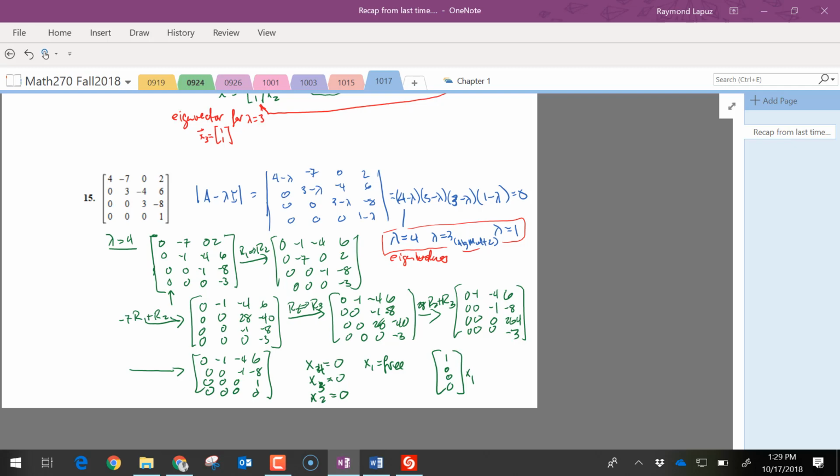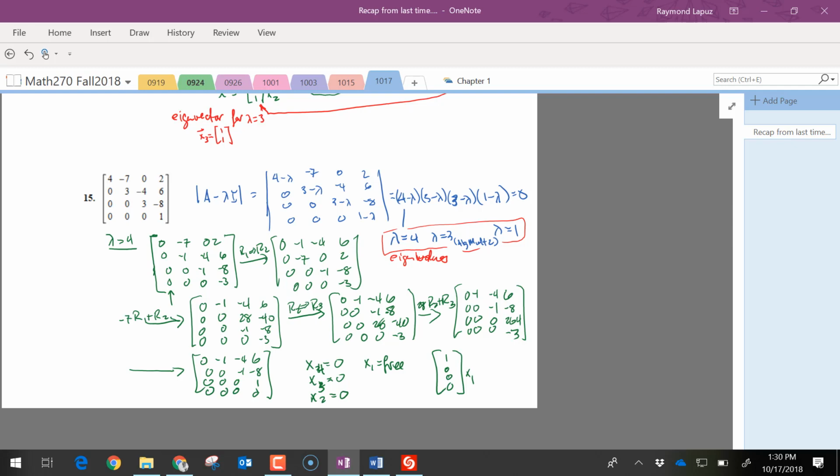So I guess because you have a pivot in every column after the first column, when you set that equal to 0, all those variables are going to be equal to 0, except for the first one.